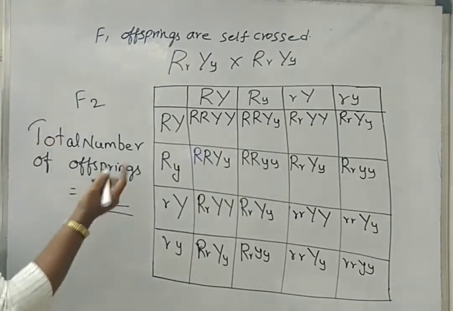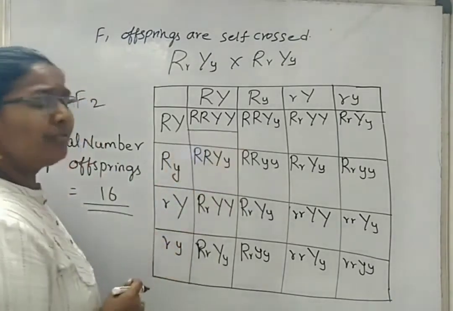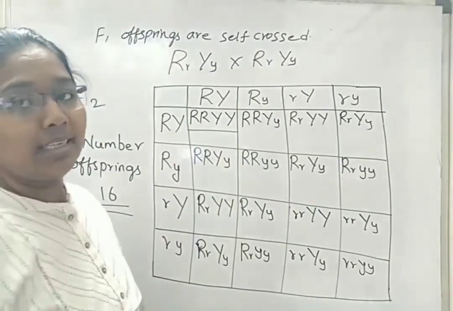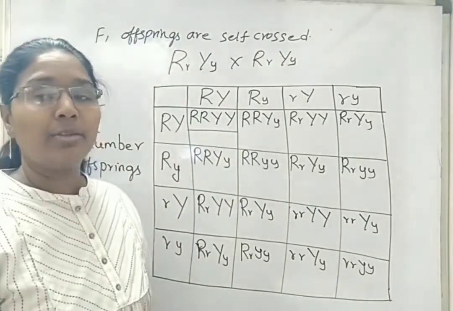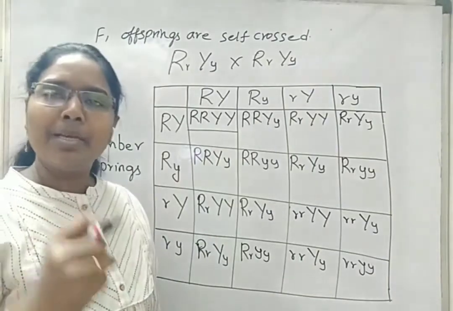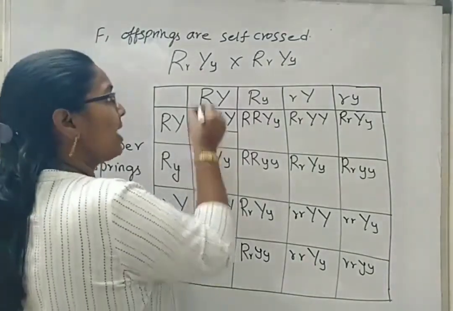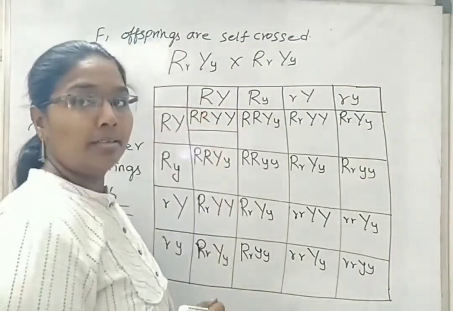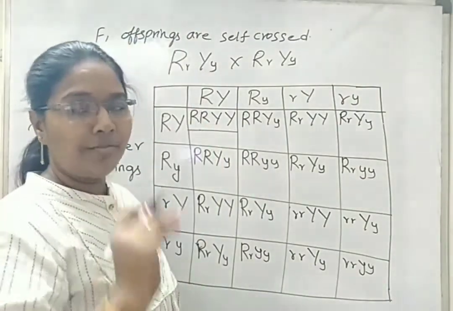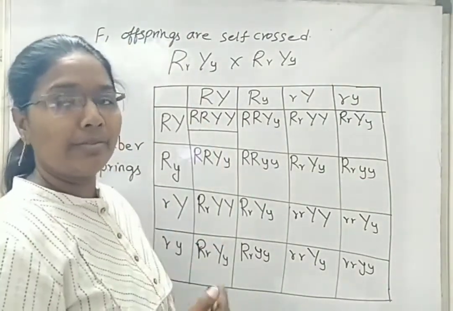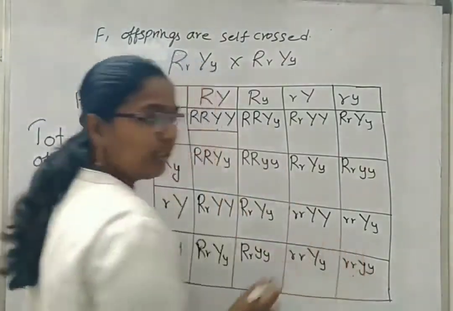Now, how many of the offspring are expressing their genotypic allele distribution exactly like that of the parents? Not the F1 parents, but the first parents which we took just before the F1 generation. Those are only 2 in number. That also we will write.